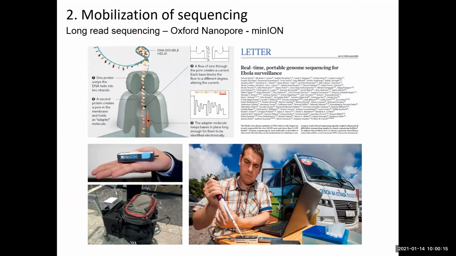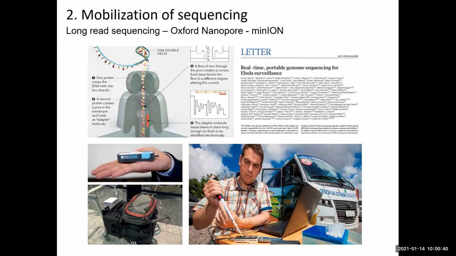The technology is different. There are advantages to using this technology because it produces long reads. Again, I'm sure many of you know a lot about this already, but I'm just trying to give an introduction. One of the great things about these physically smaller technologies is that you can take them anywhere, okay?